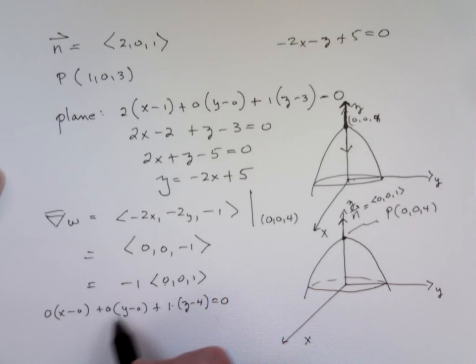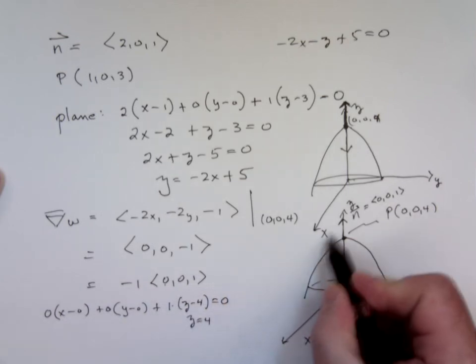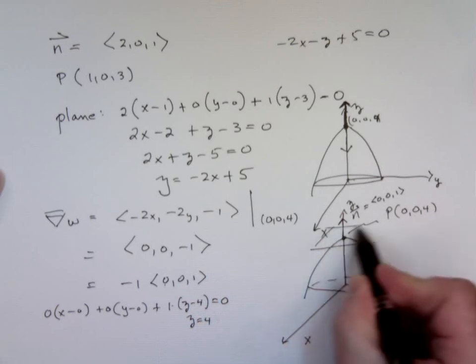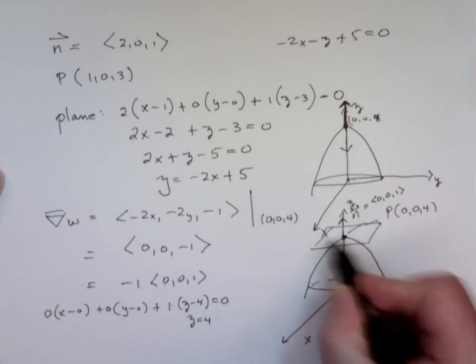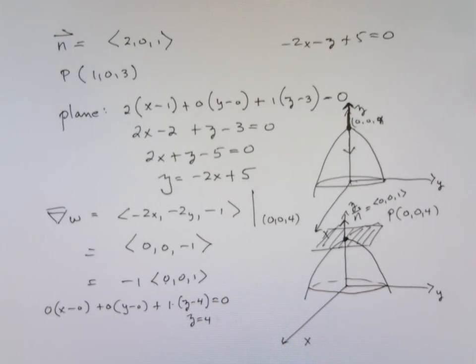You get z equals 4. The equation of that tangent plane to that paraboloid at that point is z equals 4. Everybody all set on that?